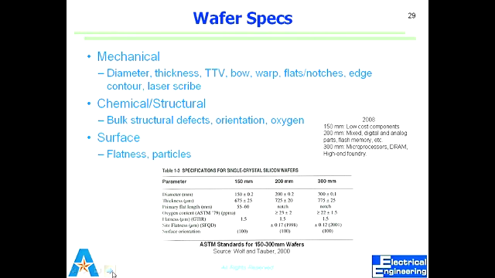And for the mechanical properties, we don't want notches, we want perfectly round contours. Chemically, we don't want defects. We want it to be single crystalline silicon. And the surface has to be flat and clean, no particles, very clean. So once you get a wafer, of course it will be covered, to save your wafer from you and to save you from your wafer.